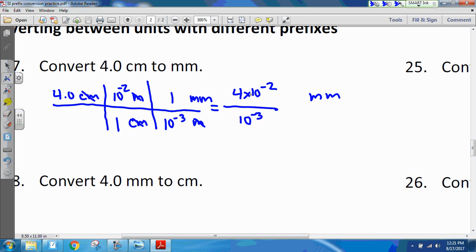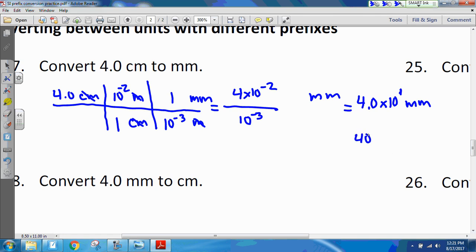So now I just have to put this into my calculator. 4 times 10 to the negative 2 divided by 10 to the negative 3 should give me 4.0 times 10 to the first millimeters. Now, if you had used your calculator, you might have gotten 40.